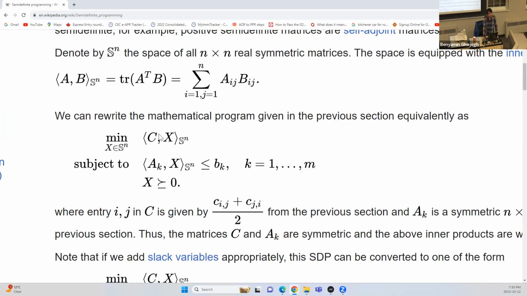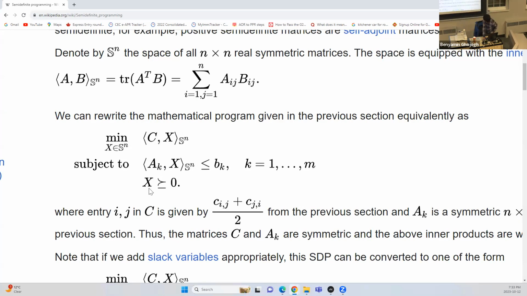Usually in semi-definite programming, our optimization variable is a matrix, okay? Is a matrix, not a vector. And C is a constant matrix, okay? So basically, trace of C transpose X. This is inner product between C and X. Recall preliminaries, inner product in matrices, right?